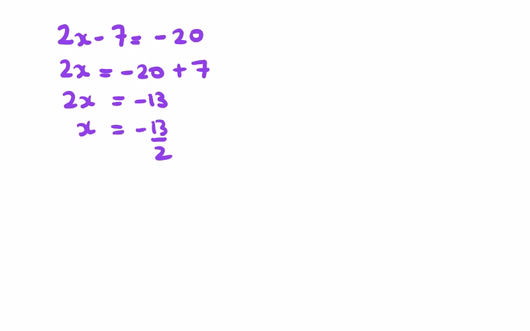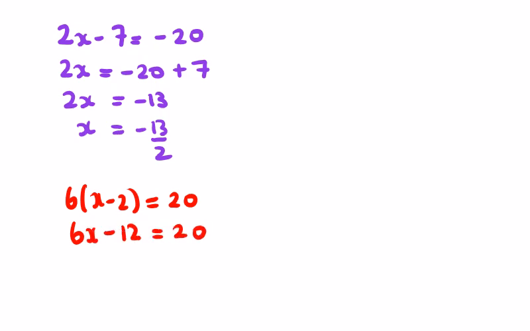Nice easy linear equation. Then they bring in brackets to make them one step harder. So what about something along the lines of 6 times x minus 2 is equal to 20. So we're going to get 6x minus 12 equals 20. Do one simple step at a time. 6x equals, instead of writing 32, I want you to write 20 plus 12. 6x equals 32.